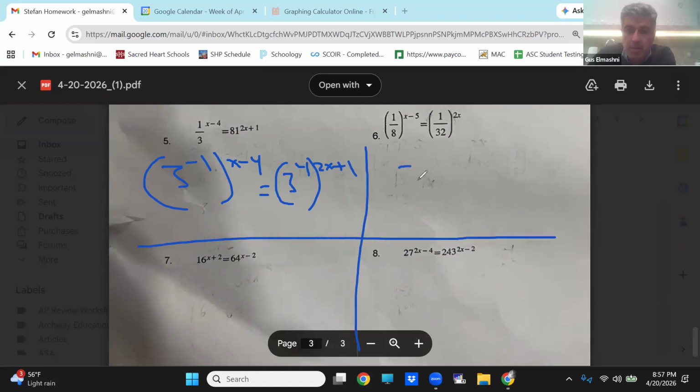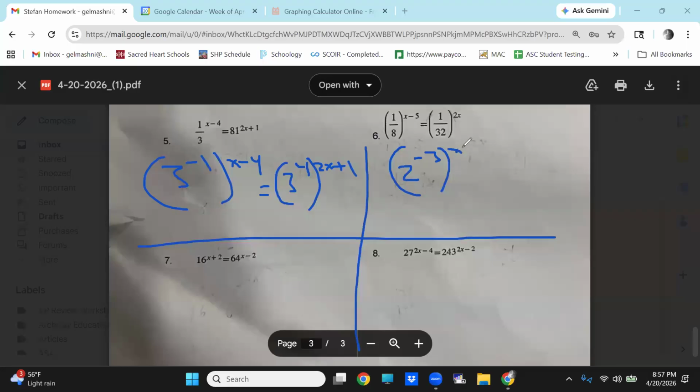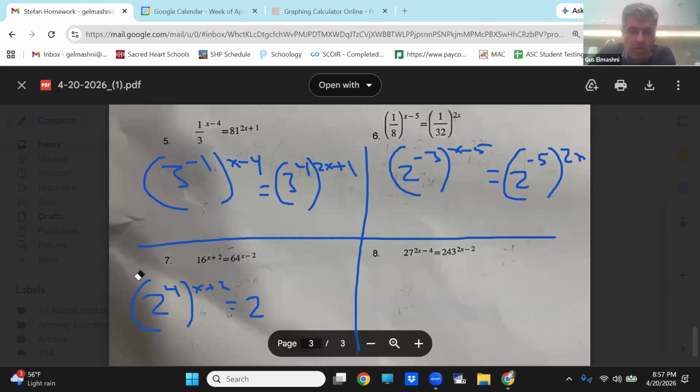That's negative 3. Actually, make it 4 squared.